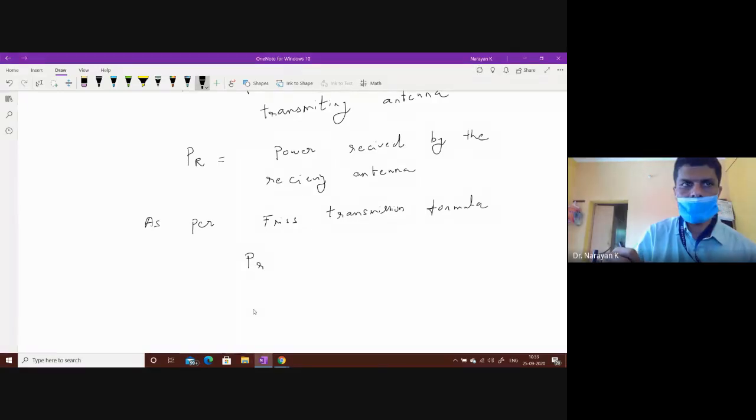Power density is equal to PT divided by 4 pi d square. This is equation 1.